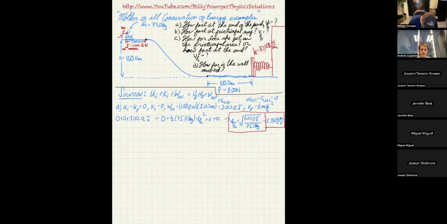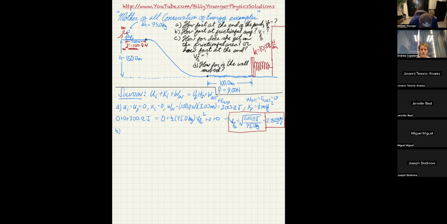So let's do part B. Oops. So part B, we're wanting to find out how fast she'll be going when she reaches the frictionful surface. So right at that black dot just before the blue gets scribbly looking, that's what we're working out here.